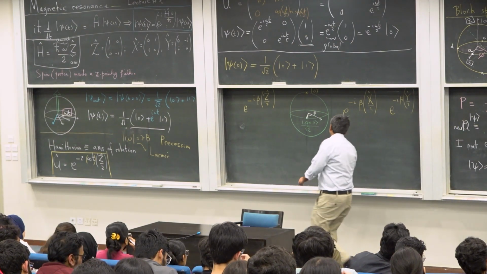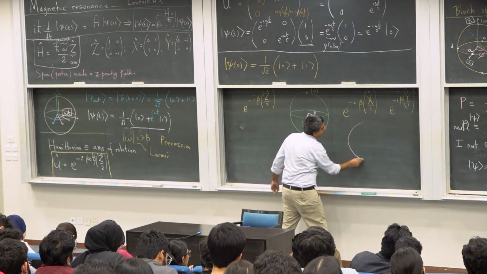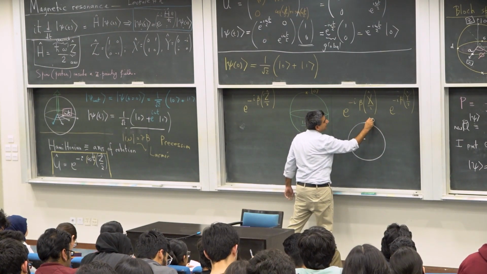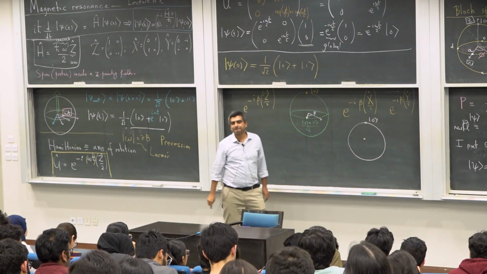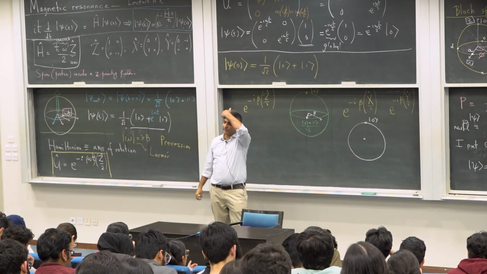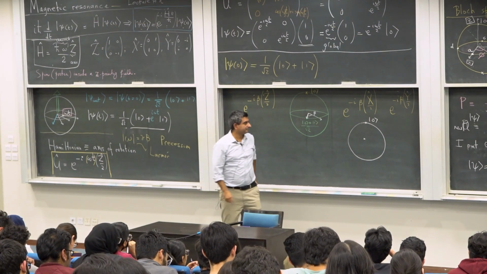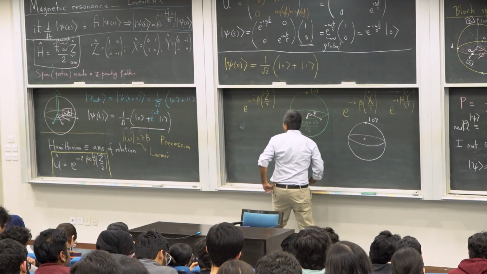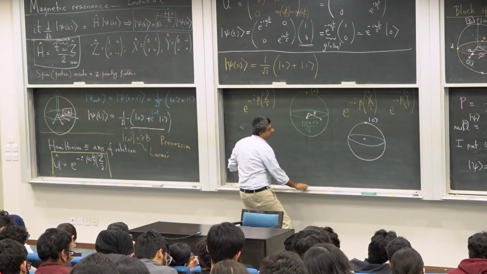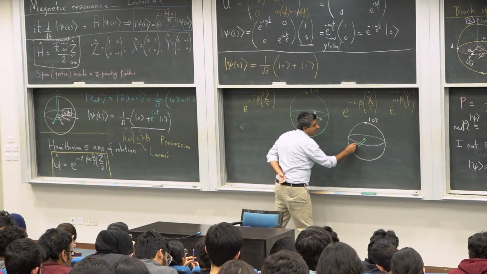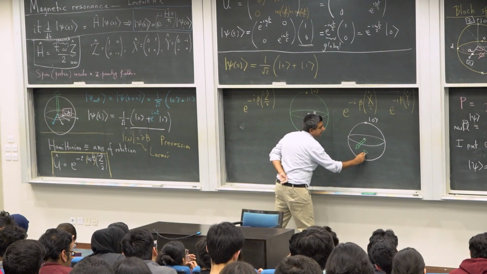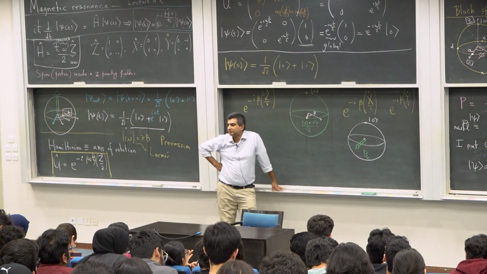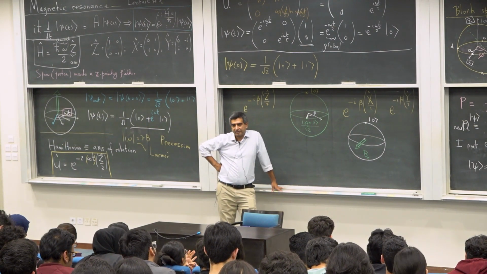For example, if my initial quantum state were ket 0, suppose my initial quantum state were ket 0, and I were to apply a magnetic field along the x direction. So I apply a magnetic field along the x direction for some time t.